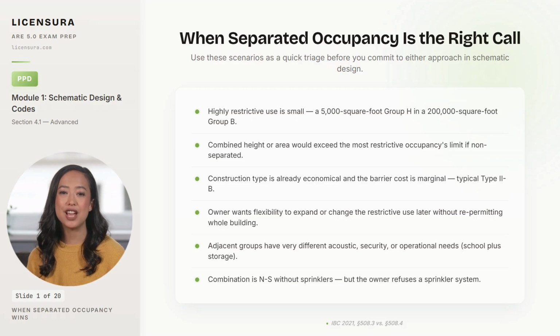The fifth is operational, especially in K-12 work, where a school adjacent to a storage building needs acoustic and security separation regardless. And the sixth is the unsprinklered case. If the combination is NS without sprinklers and the owner refuses to sprinkler the building, separated occupancy is your only legal path. Walk away with this as the playbook for any mixed-use schematic design review.